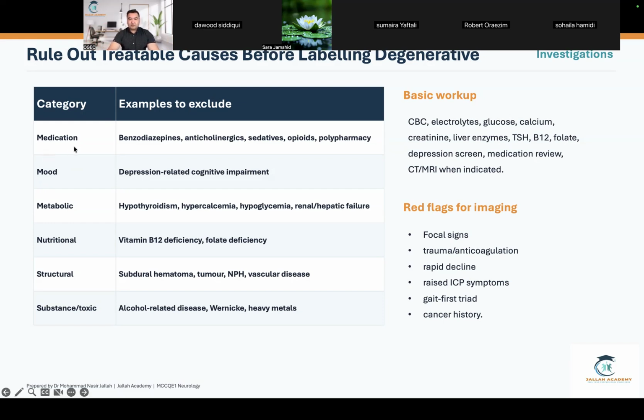So, medication, as I mentioned before, when it comes to psychiatry and neurology, and when you're taking history from anyone, we have a section asking about the current medication the patient is taking, right? Especially when you're dealing with dementia, you need to ask specifically if the patient is taking any sort of medication.